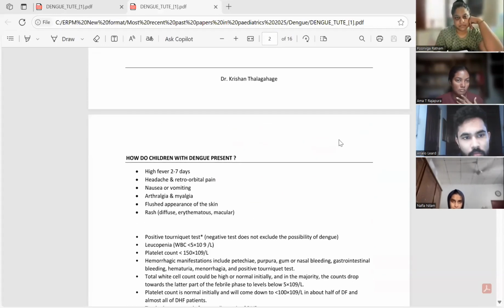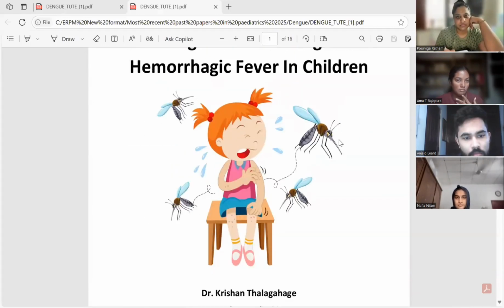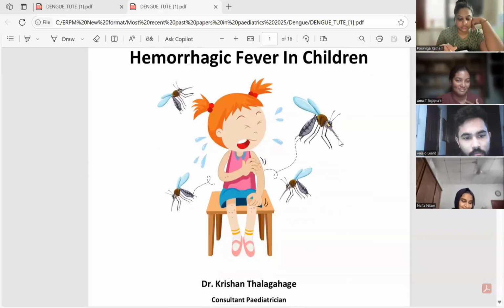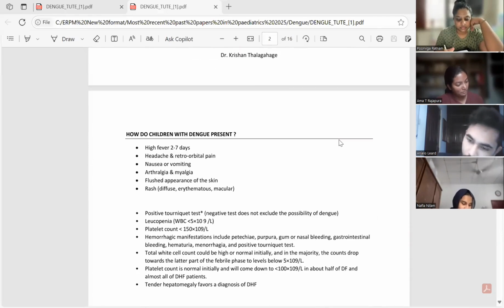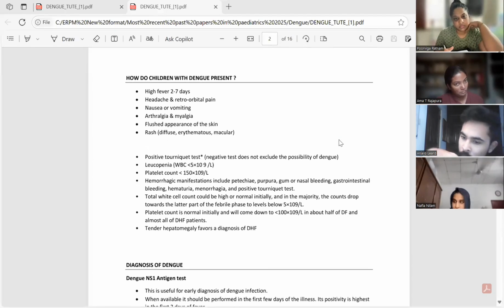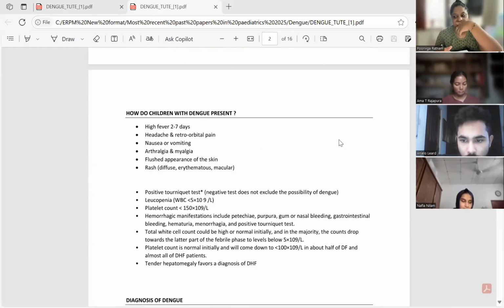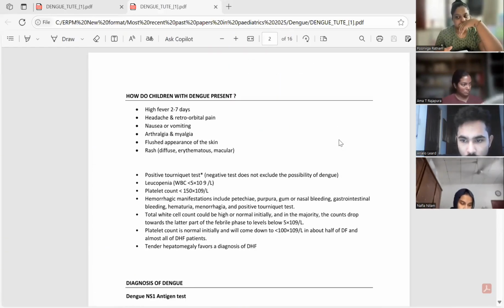I have changed the first page, but the rest of it is essentially the same. However, in some places, I have removed the areas for us to fill while we are discussing. So this is basically the paper that we are going to discuss.